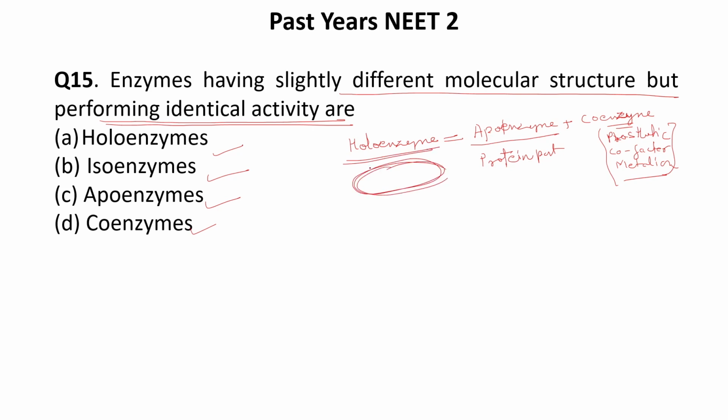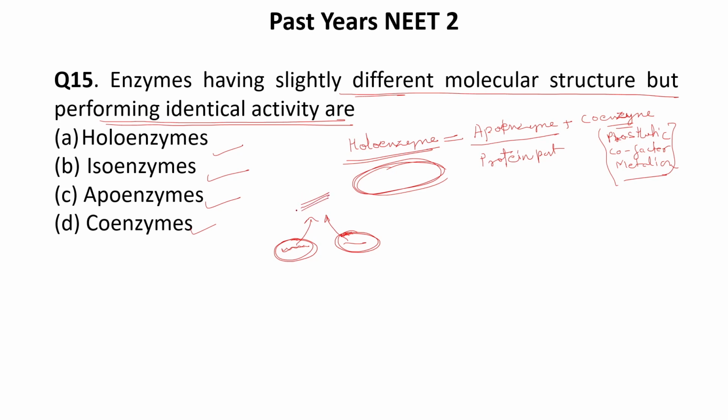Now going back to the statement, there are two different enzymes. This particular enzyme has a different molecular structure. Some part is different, but both are performing the same, identical activity. So it is an isoenzyme, because they have the same activity.